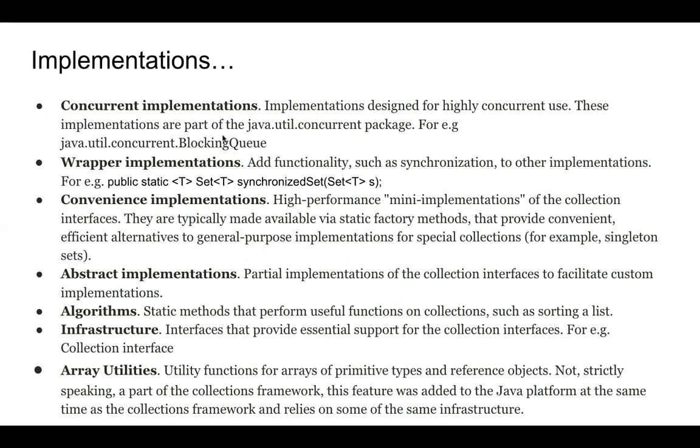For example, if you have a regular set and you call synchronizedSet, it will return a thread-safe version of the set which you pass to it. So this synchronizedSet is just a wrapper, like how you wrap a chocolate in its cover. So this set is wrapped in a synchronized wrapper, and now the set becomes thread safe.